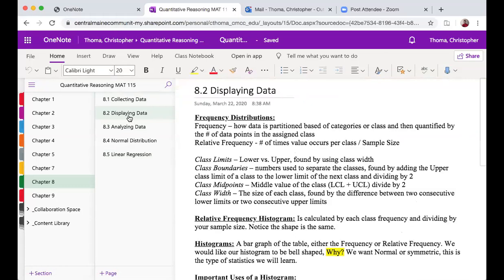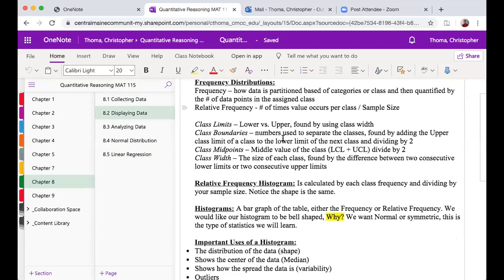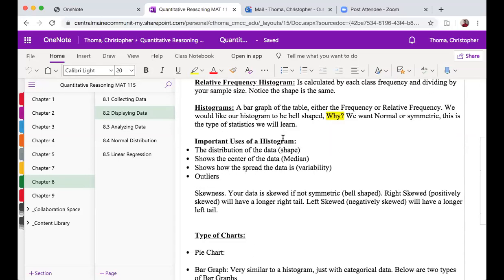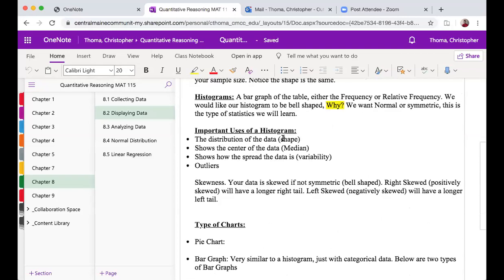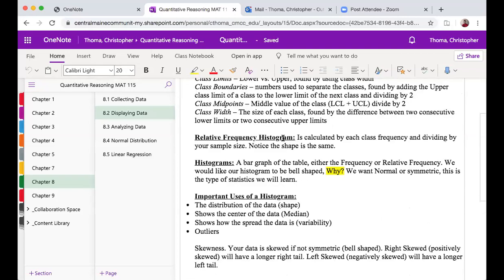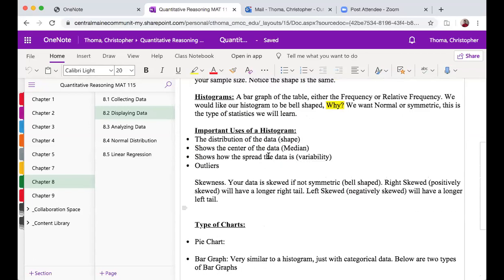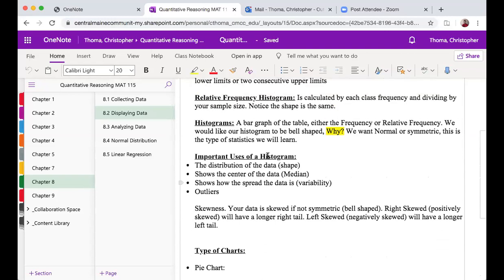So 8.2 is how to display data, right? A lot of this is what I go into in 135, and we spent a lot of time on histograms in 135. So what I'm going to do in this course is I still put the information in so you can see it, but we're going to talk about some of the types of graphs and what they are, and then we will go into building these things probably next class.